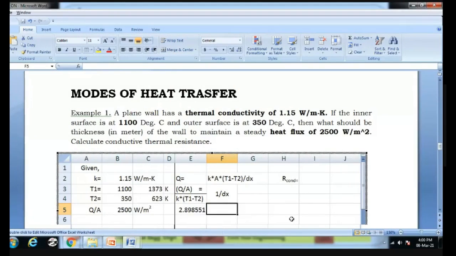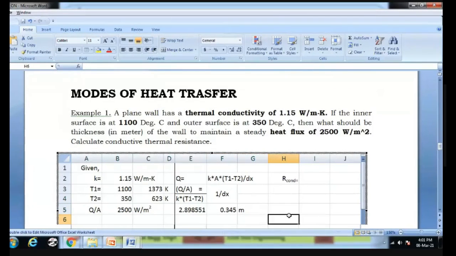This is 1 upon x, so convert this to 1 upon this. 0.3449. Good, very good. So 0.345 is nothing but the distance in meters.